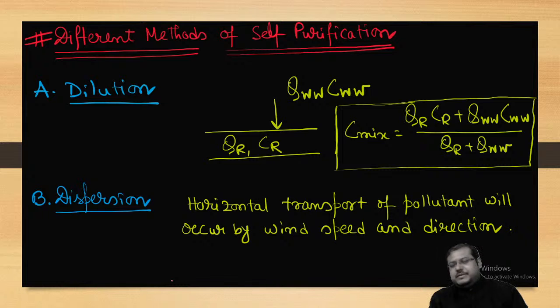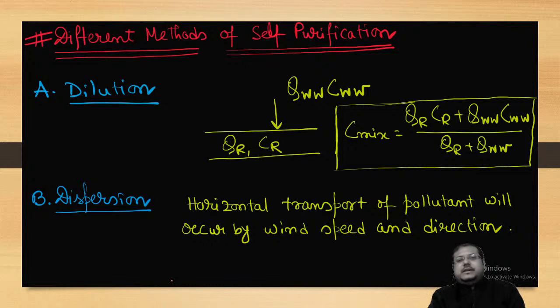We have seen this in the chapter on quality of water: the C mix formula will be V1C1 plus V2C2 by V1 plus V2. Same thing is happening here. So first is dilution.